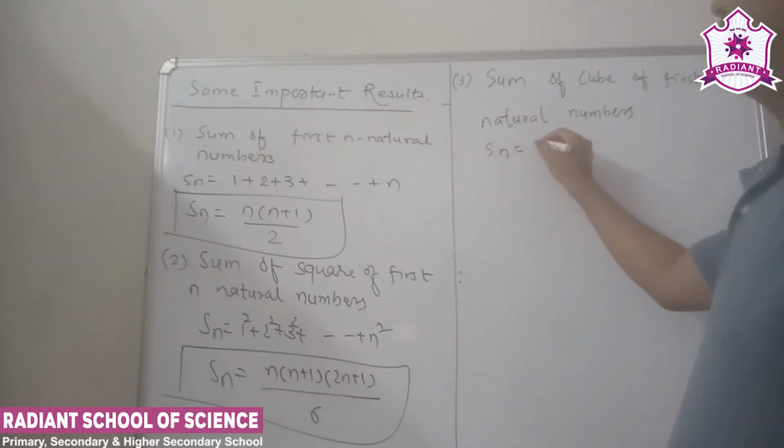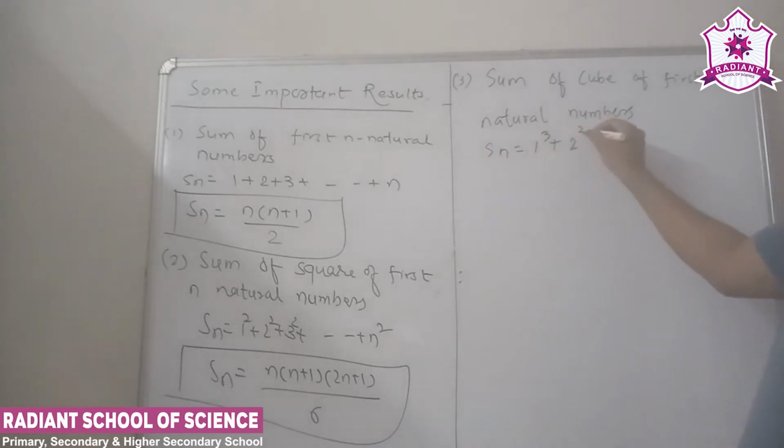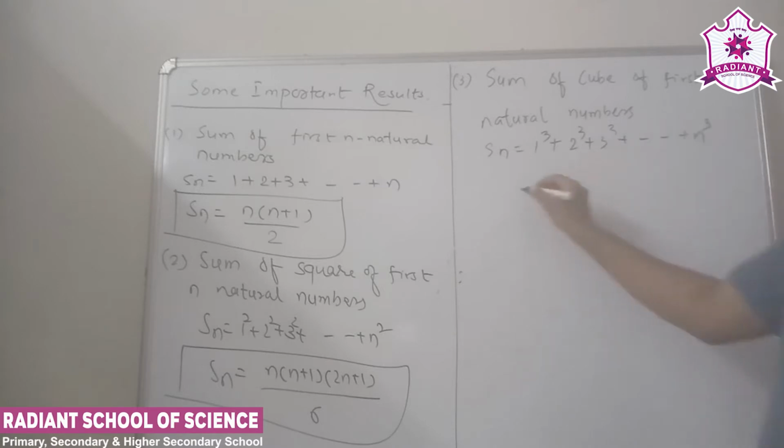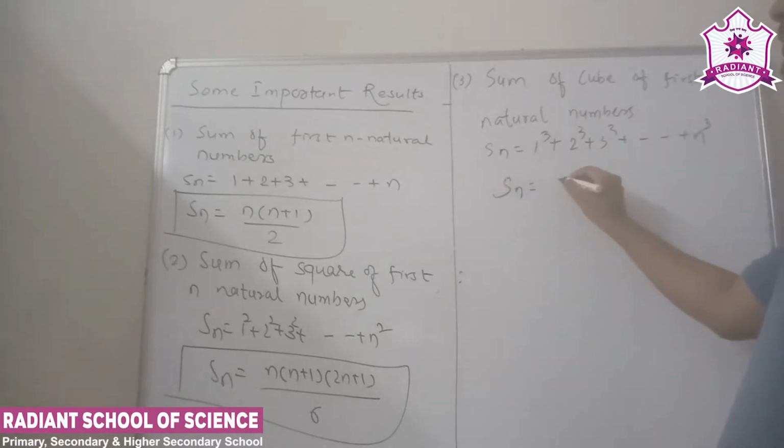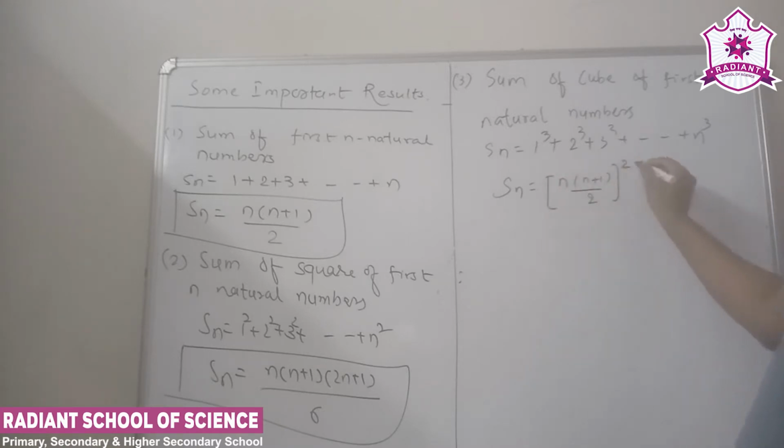So Sn, that means 1 cube plus 2 cube plus 3 cube plus up to n cube. So Sn is equal to the whole square of n into (n plus 1) by 2, that is, (n into (n plus 1) by 2) square.